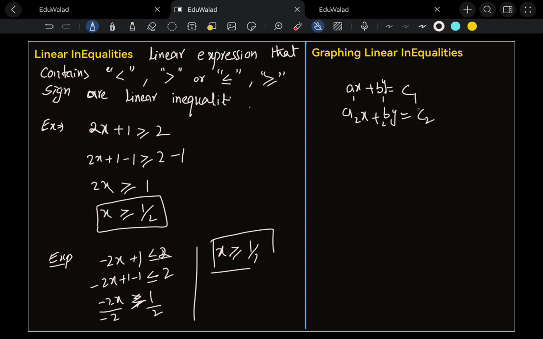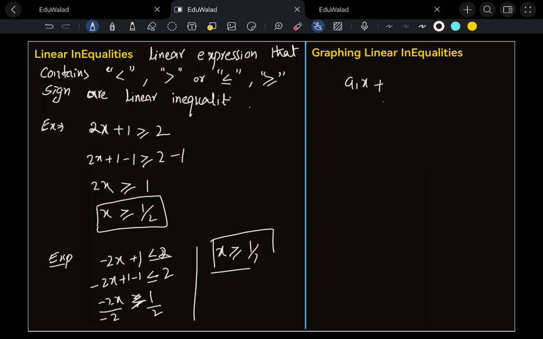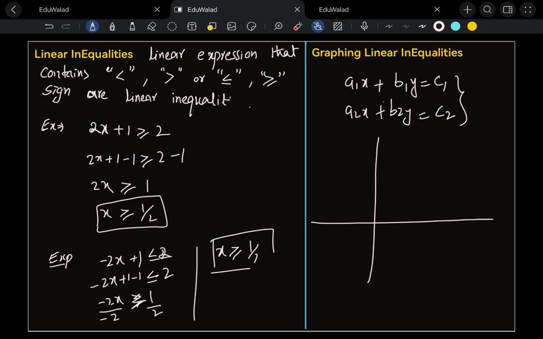Let's suppose we have a system of two linear equations: a1x plus b1y equals c1, a2x plus b2y equals c2. These systems of linear equations can be solved and plotted. This is system 1, this is inequality 1, and this is inequality 2.